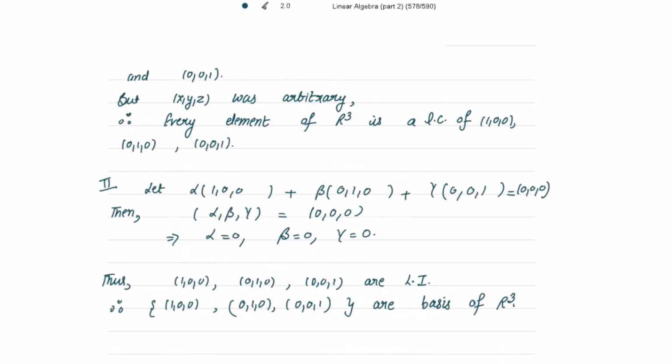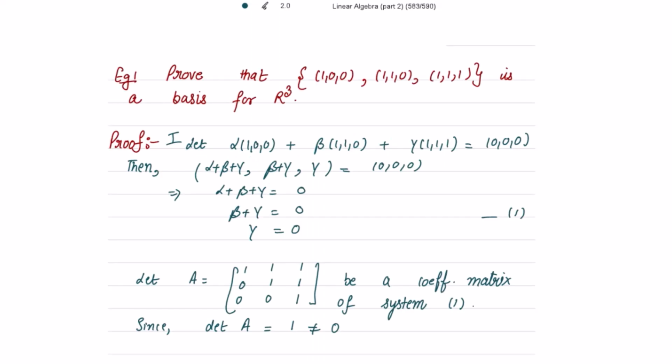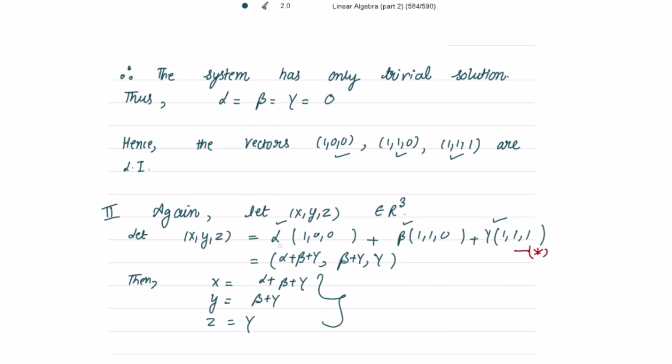But here in this example, I'm having alpha, beta, gamma. So I need my alpha, beta, gamma to be in terms of x, y, z. Then only I can say that (x, y, z) is a linear combination of (1,0,0), (1,1,0) and (1,1,1). I hope it's clear to you. Alright, so now let's solve these three equations and get the values of alpha, beta, gamma in terms of x, y, z. And you will see here that already gamma is z.